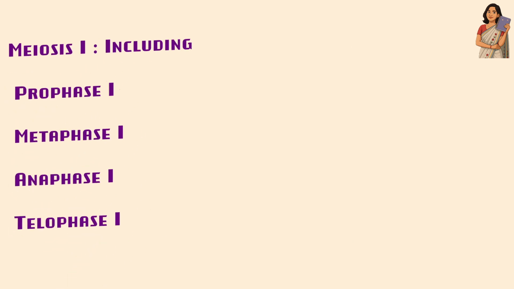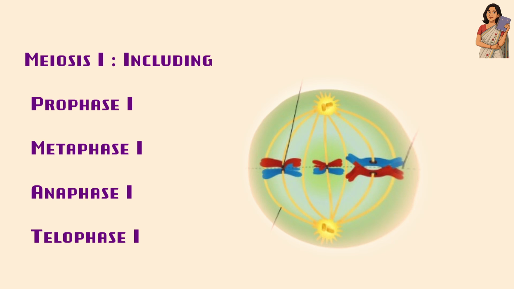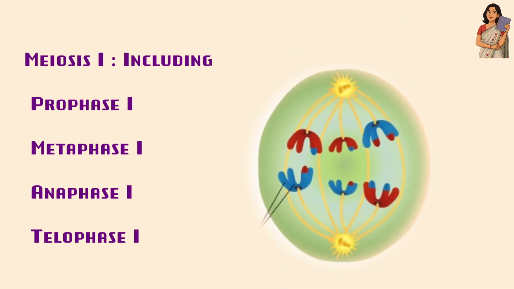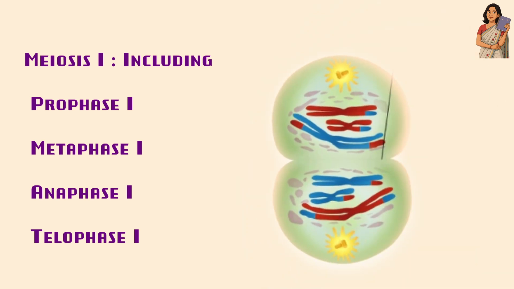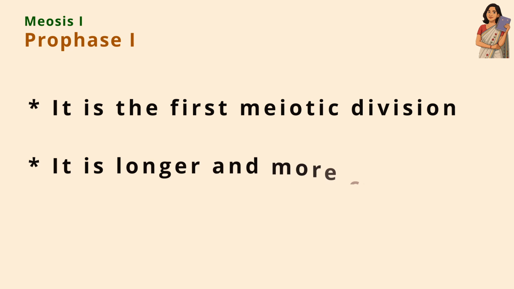Meiosis I has 4 phases: Prophase I, Metaphase I, Anaphase I and Telophase I. We'll study them one by one. First we'll deal with Prophase I. Unlike the prophase in mitosis, here in meiosis, prophase is more complex and longer.